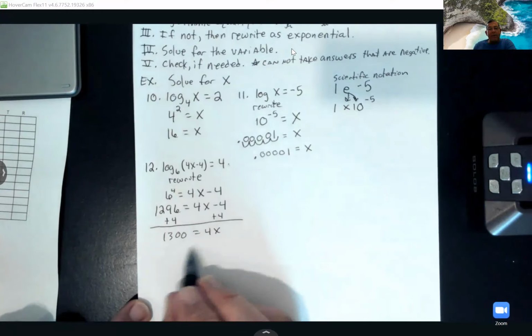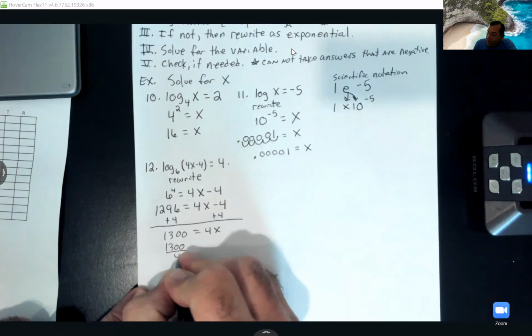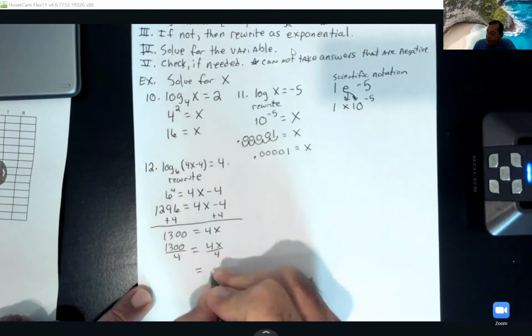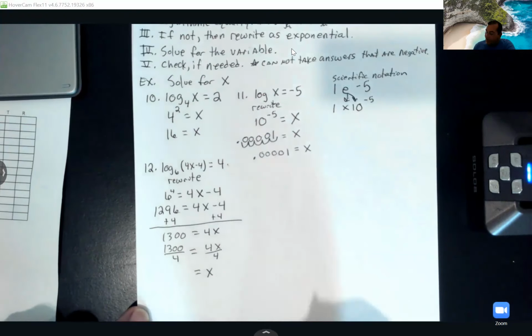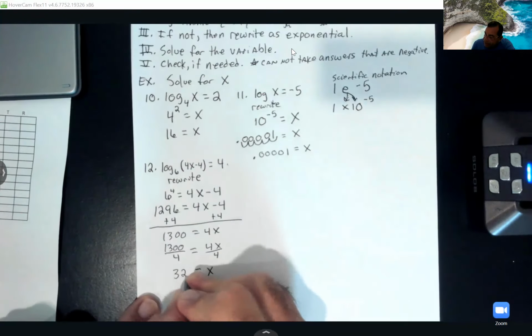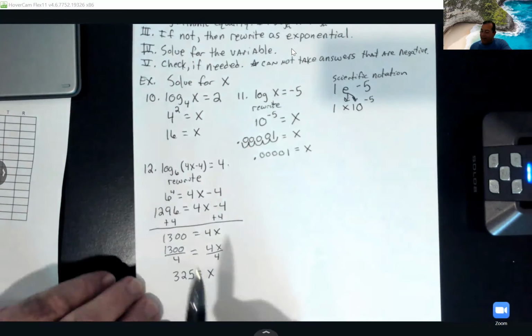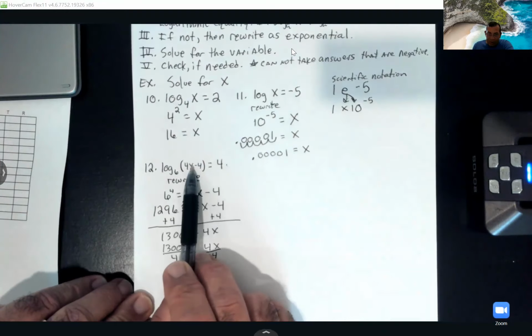And then divide both sides by 4 to make that a 1x. So y'all figure out what 1,300 divided by 4 is going to give us. Let's see, what is that? 325. Yep, that sounds good. So y'all, the trick is to remember: base, exponent, result.